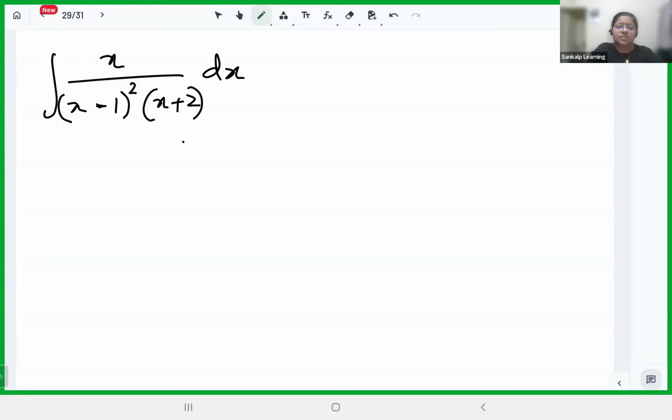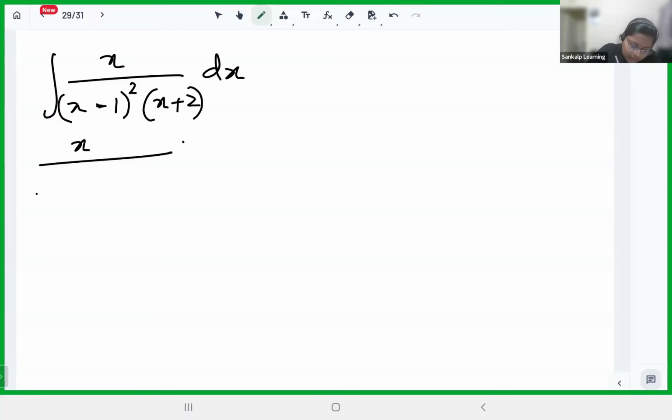Then the next question is integral x by (x minus 1) the whole square into (x plus 2) dx.